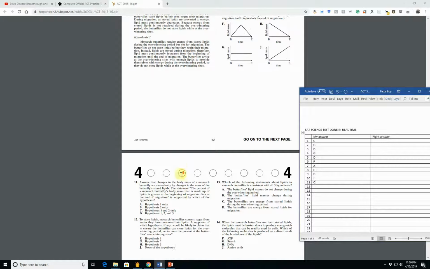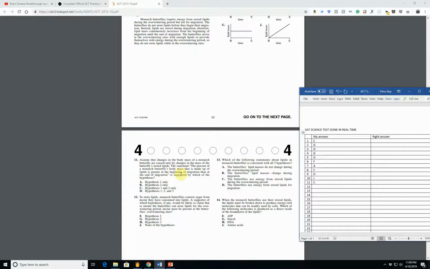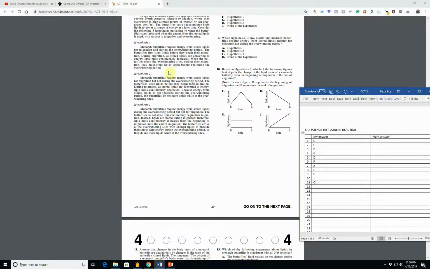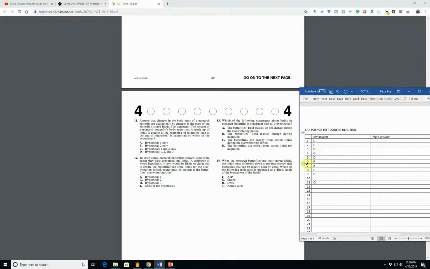Okay, so it'd be 1 and 3. Oh, okay. So, no, 3 says that they arrive with enough lipids, so they must store lipids again, so just hypothesis 1. Okay.